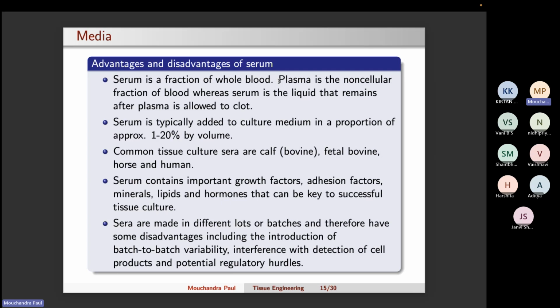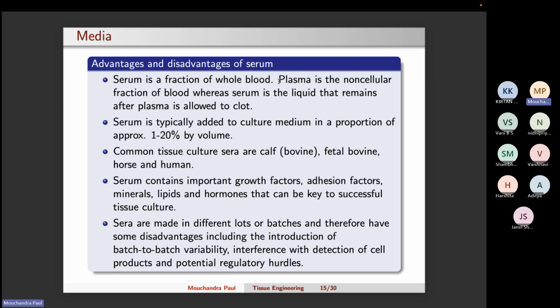This serum has many benefits. It contains important growth factors, adhesion factors, minerals, lipids, hormones, etc., which are very important for successful cell culture. But there can be disadvantages as well.